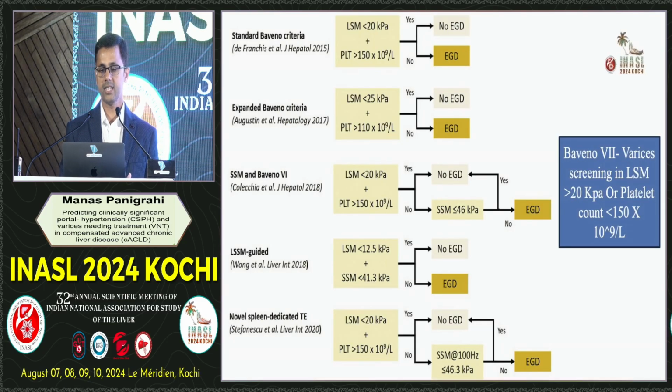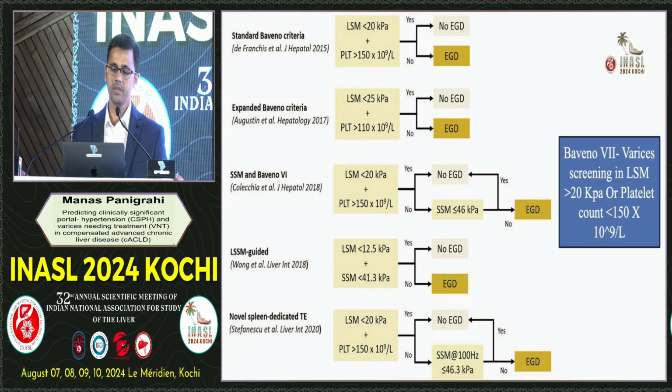So in a nutshell, the key takeaway I will say: standard Baveno criteria, LSM less than 20, platelet more than 150. If it is there, endoscopy can be spared. Expanded Baveno criteria, LSM less than 25, platelet count more than 110, we can spare the endoscopy. If not, endoscopy can be done. If you are taking SSM and Baveno 6, LSM less than 20, platelet count more than 150, and SSM less than 46, which can again spare endoscopy.